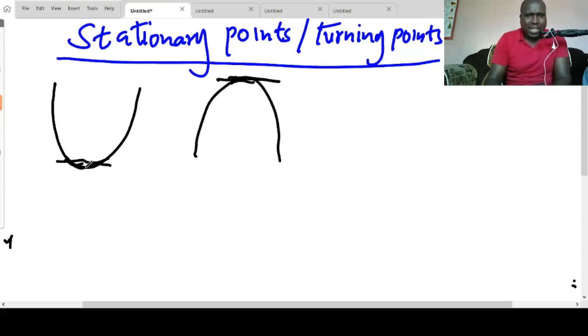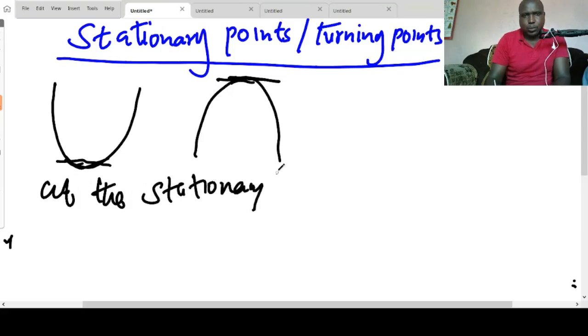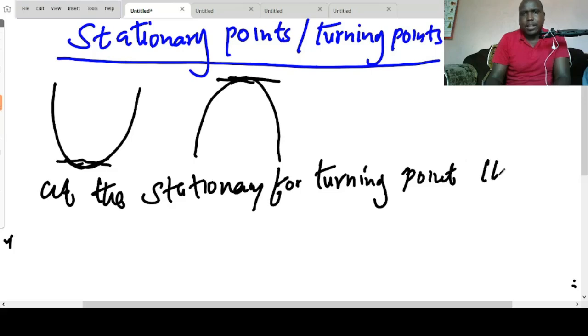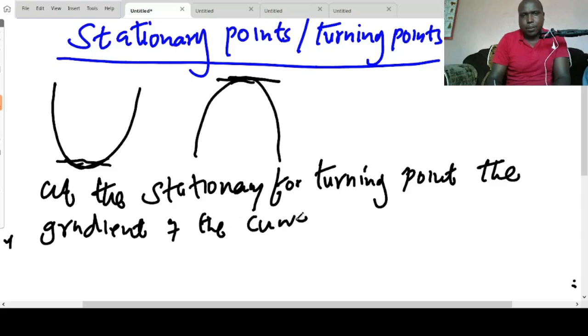So at the turning point, the key word here is that at the stationary or at the turning point, the gradient function of that curve is equal to 0.